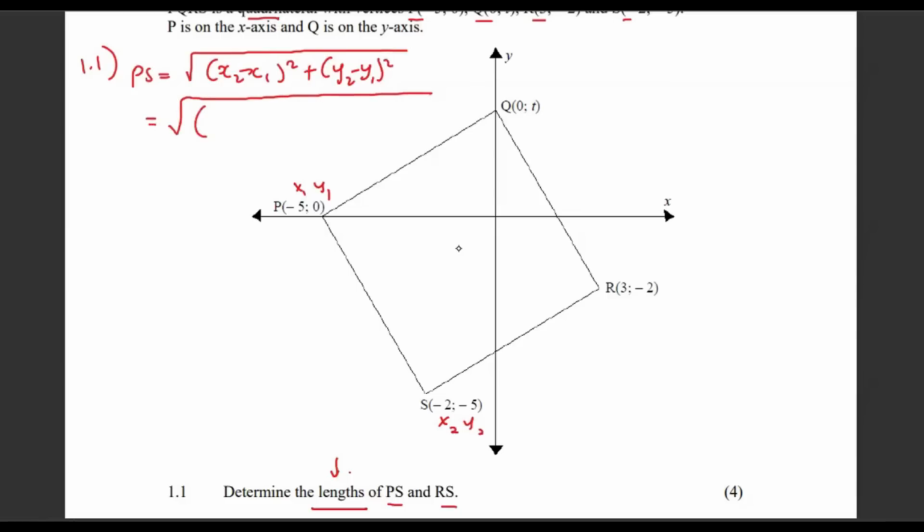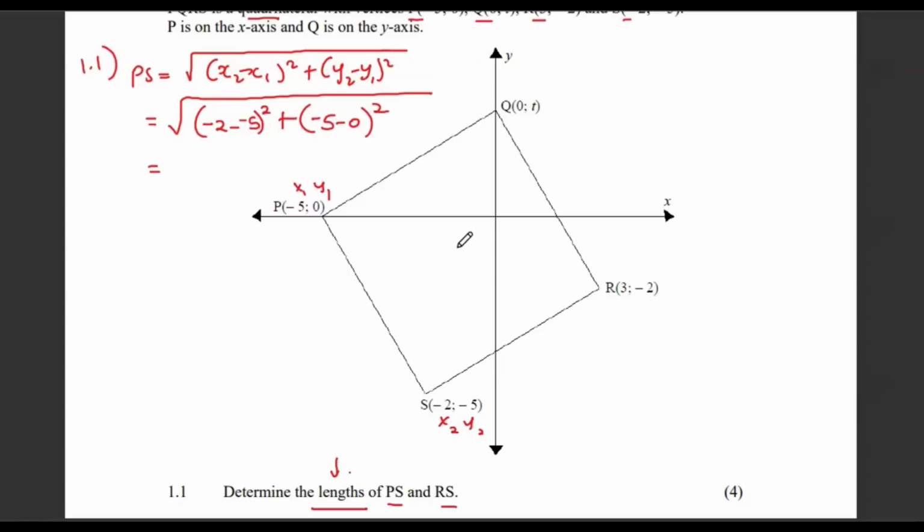So x2 is -2 minus 5 squared plus we have a -5 minus 0. This must be squared also. And then all I'll have to do is punch this into the calculator straight away the way it is. I don't need to break it down further.